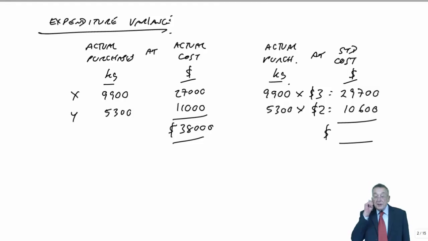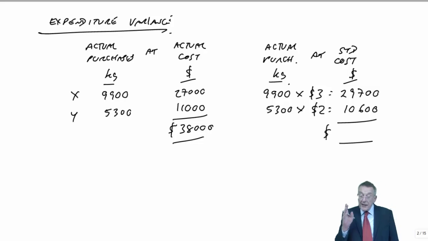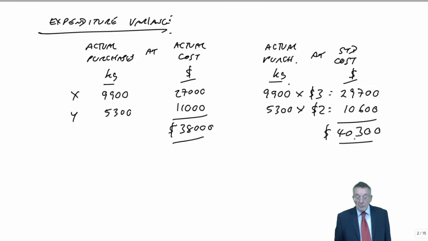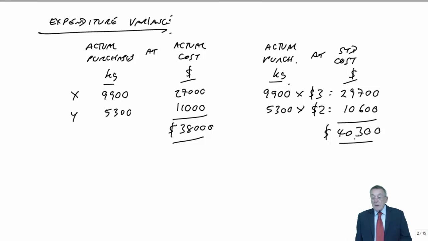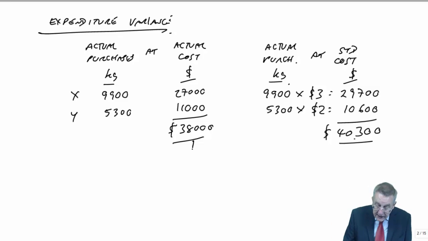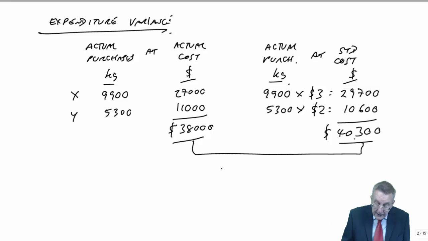And so for our actual purchases, had we paid the right price, the standard cost, it would have been 40,300. So we should have paid 40,300, we only paid 38,000. The difference is our price or expenditure variance. The difference is 2,300.